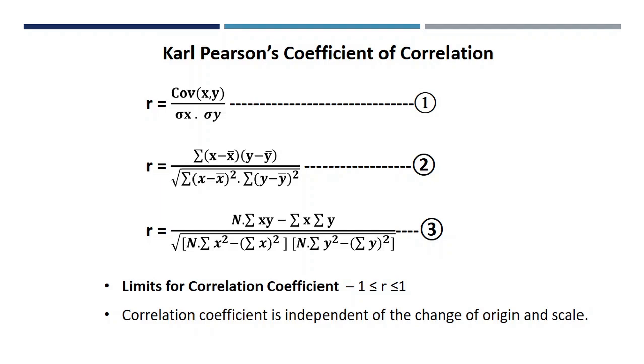And another important property of the correlation coefficient is that it is independent of the change of origin and scale. So based on these three formulas, we can calculate the Karl Pearson's coefficient of correlation. With this, we are concluding this session. In the coming sessions, we will see the Spearman's coefficient of correlation. Thank you.